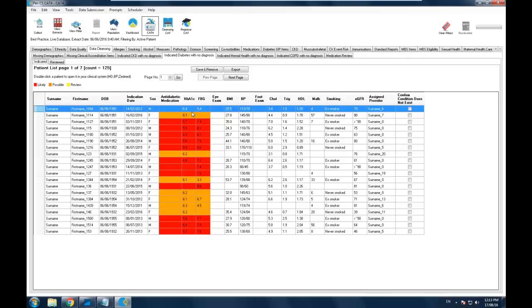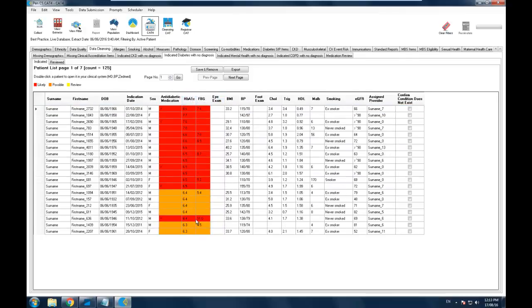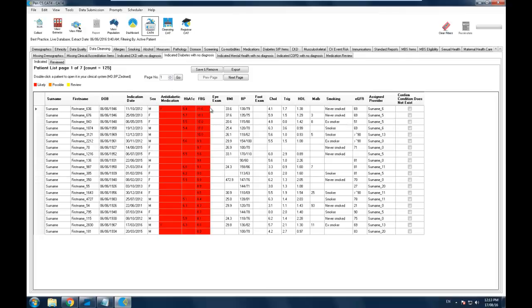So we're looking at long-term anti-diabetic medication, an active prescription. We're looking at HbA1c results and fasting blood glucose. If the patient has one or more of these results, and also for the HbA1c, for example, it's a certain cutoff that will trigger the likelihood. So you can see the fasting blood glucose is the highest.